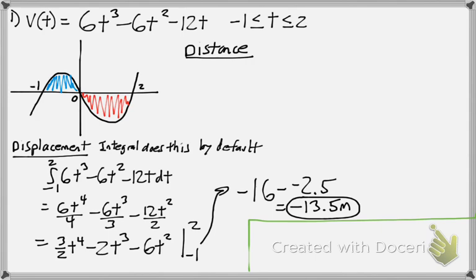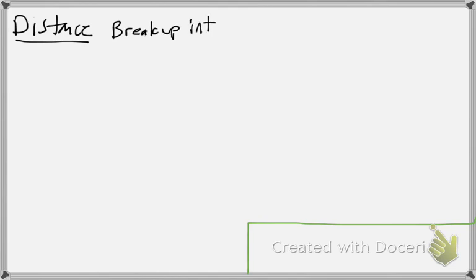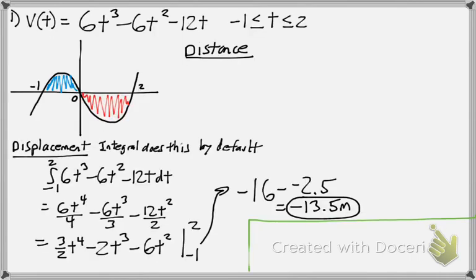Whereas the distance, looks like I'm running out of room here. Let's go to the next slide. So the distance, to do this, we actually need to break up the integral. And you want to do that where it crosses the axis.